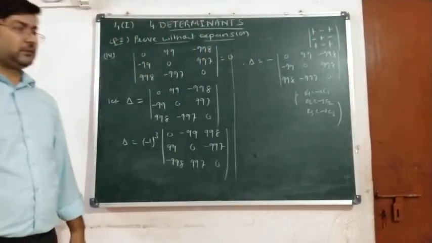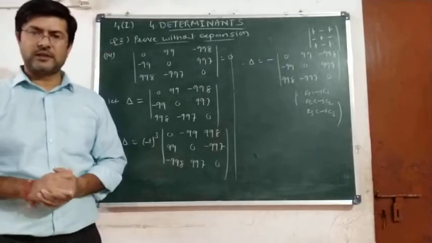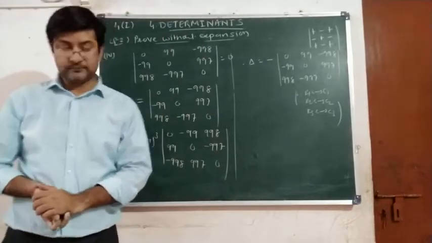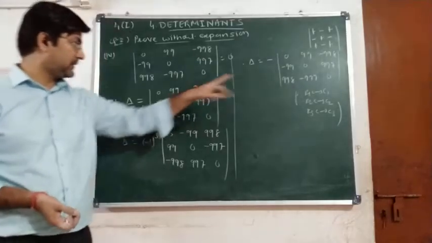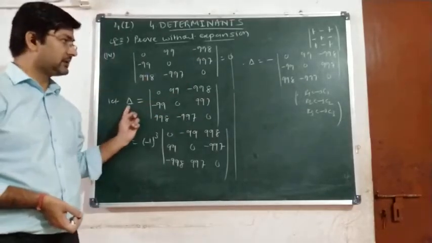Okay, after changing, because if we change all the rows into columns, the determinant remains unchanged and therefore we can carry out this operation. Okay, now after changing, observe this determinant, this is equal to the original determinant which is given, okay, that is delta.